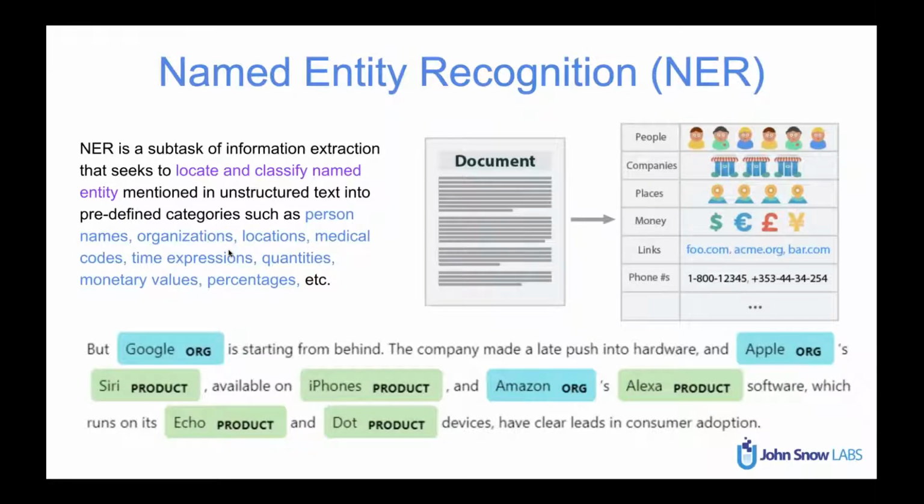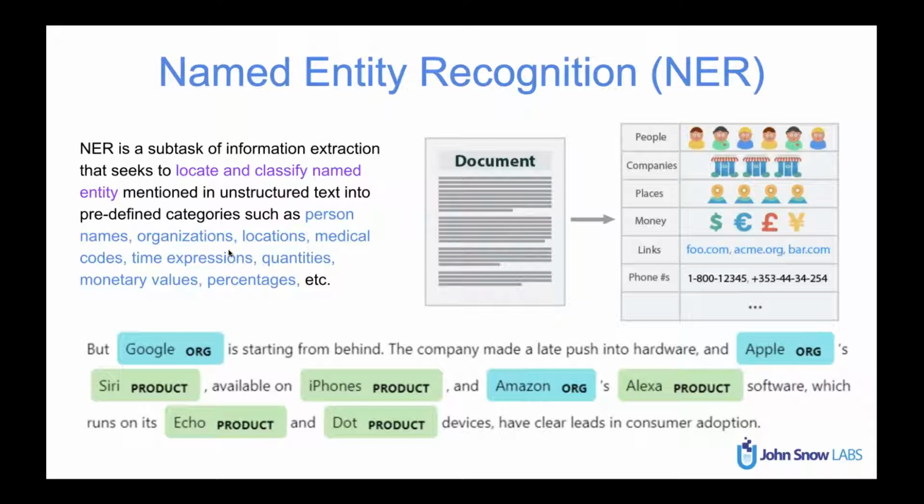Named entity recognition, NER in short, is a subtask of information extraction that seeks to locate and classify named entities mentioned in unstructured text into predefined categories. So why do we need NER? NER is everywhere in nearly all NLP tasks, because for unstructured text, we need to extract some features, and NER is the main algorithm that helps us extract those entities and features.